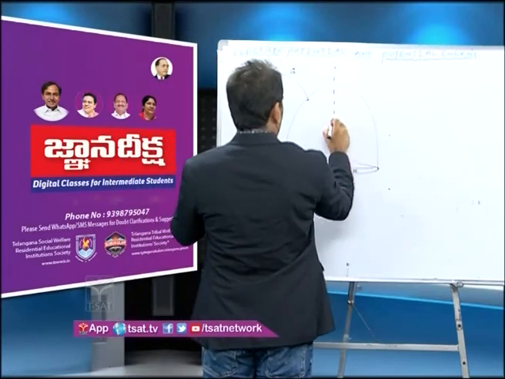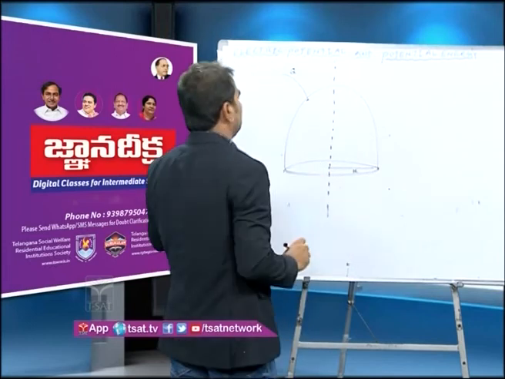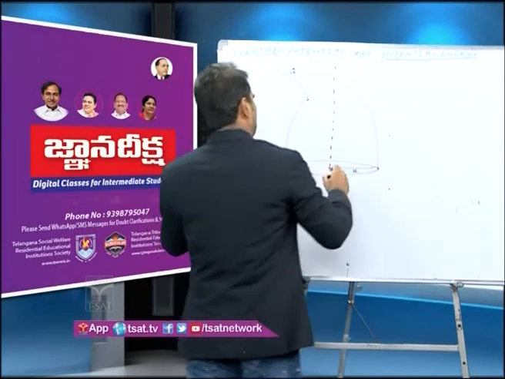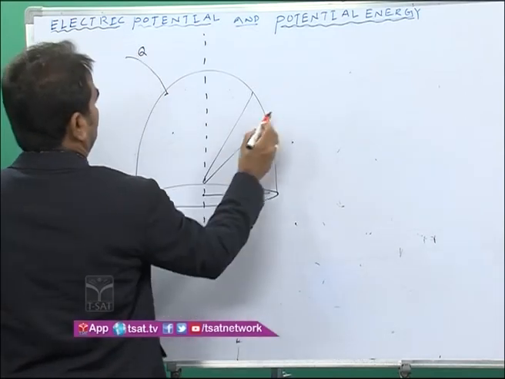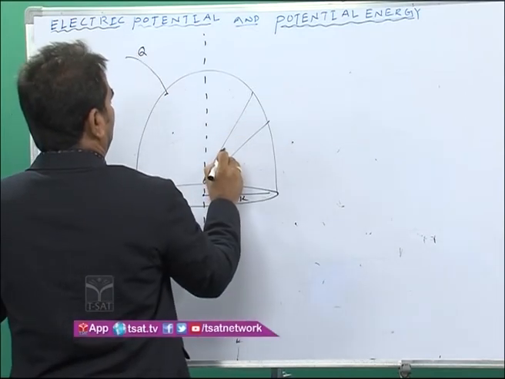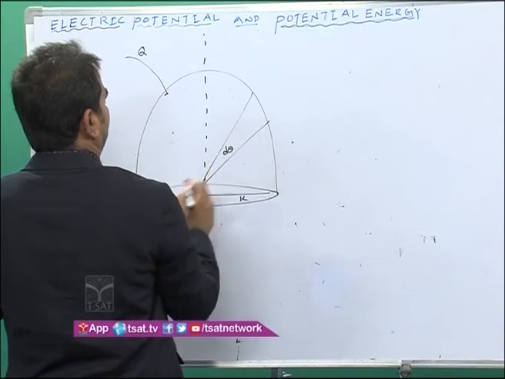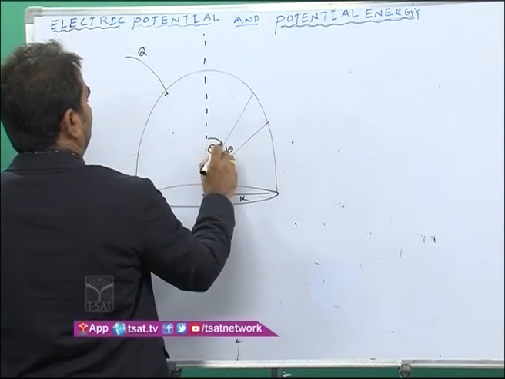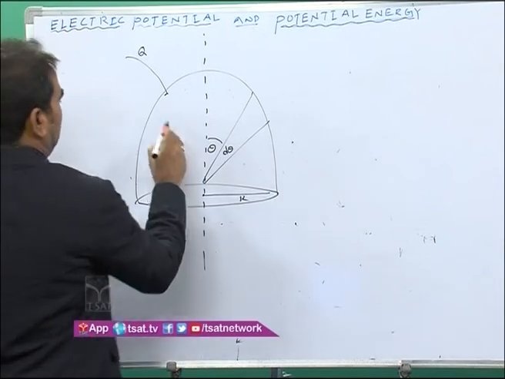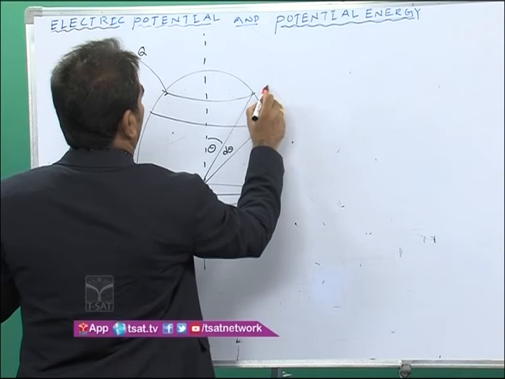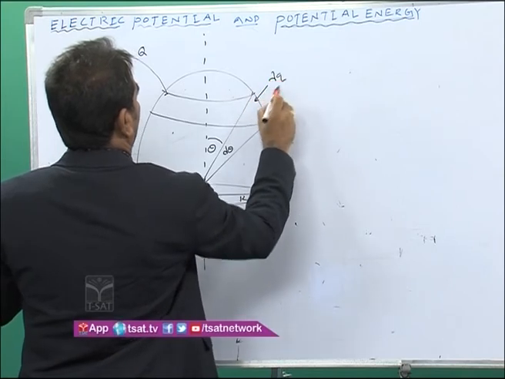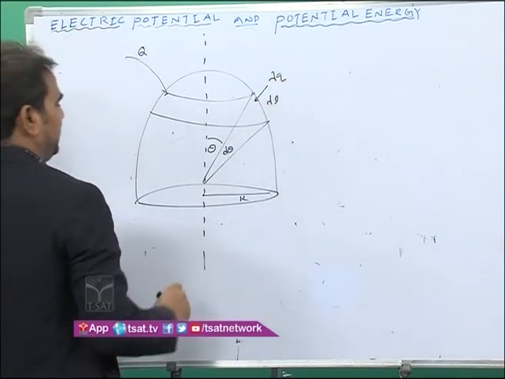I am drawing one bisector line for calculation of the electrical potential due to this. Consider a small elemental arc over this, which has an angular displacement d theta, making an angle theta with the bisecting line. It has a charge dq and its length is dl.